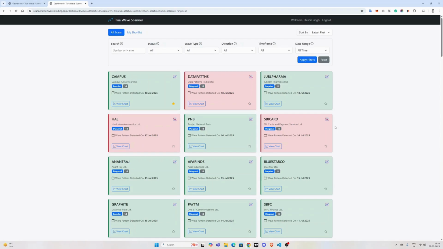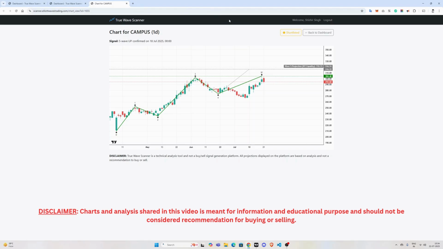So if you want to trade the 5th wave, for example, in the stocks where we have just identified a fresh potential sequence, in those cases you can try to trade the equality based on the wave 5 projection, and as you can see, it is currently at 304 and the projection is at 316.